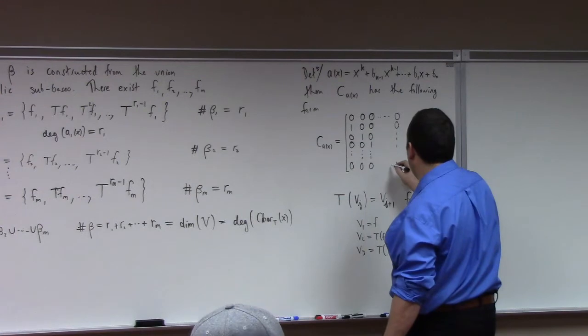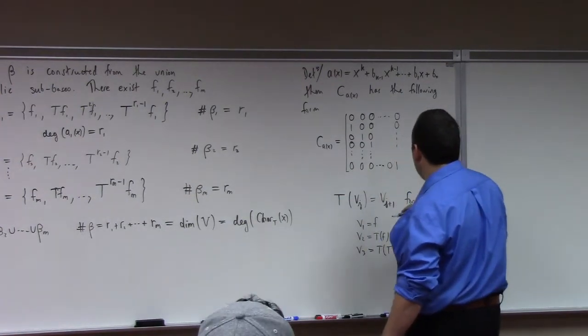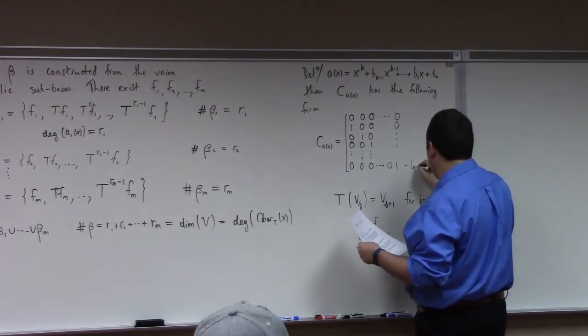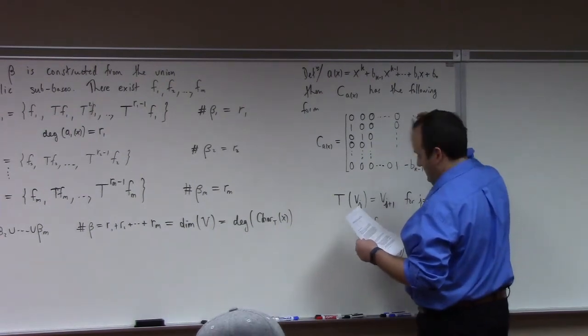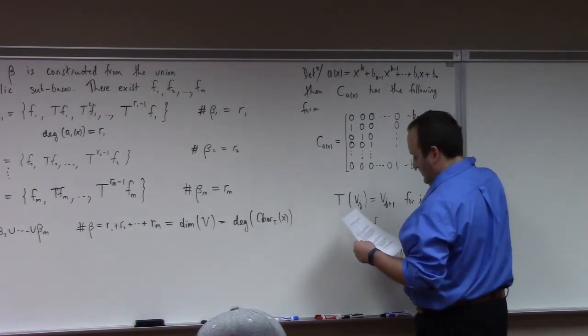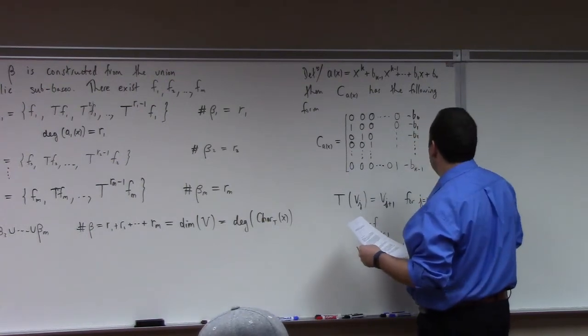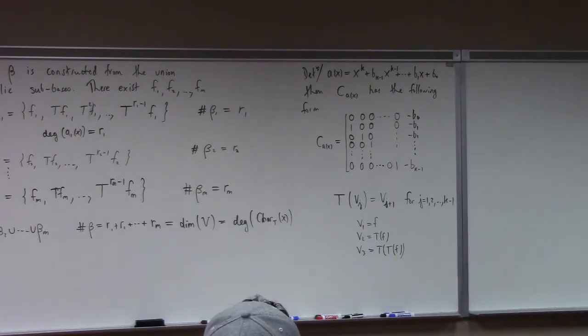And then the last column, you end up with minus b_{k-1}, minus b0, minus b1, minus b2 and so forth. So minus the coefficients of the polynomial you're finding the companion matrix of.